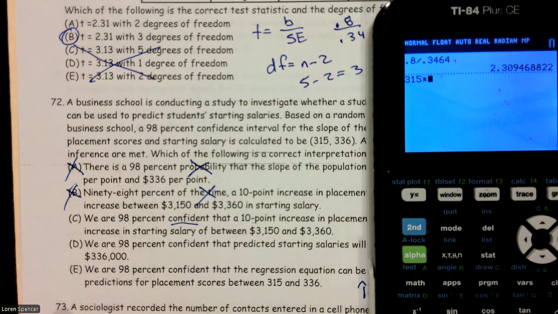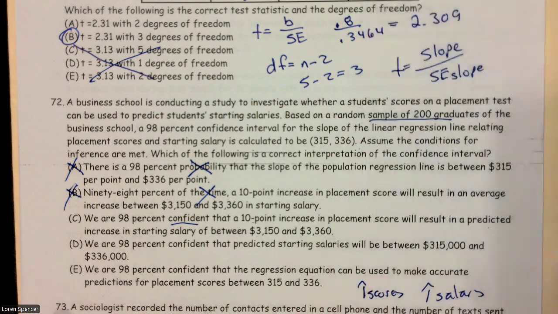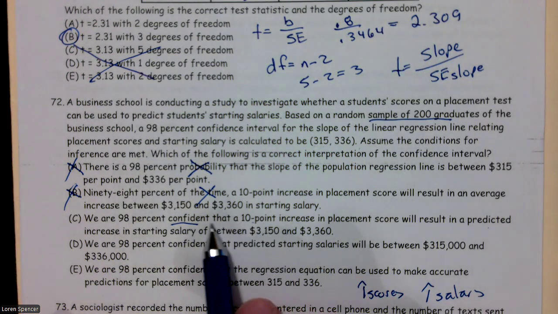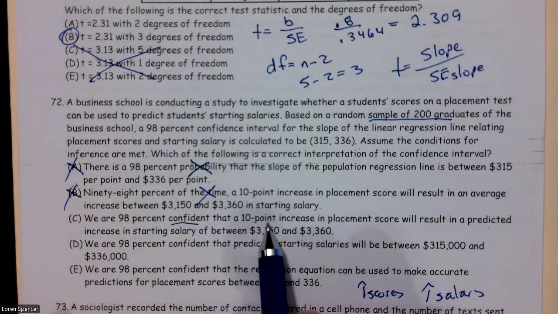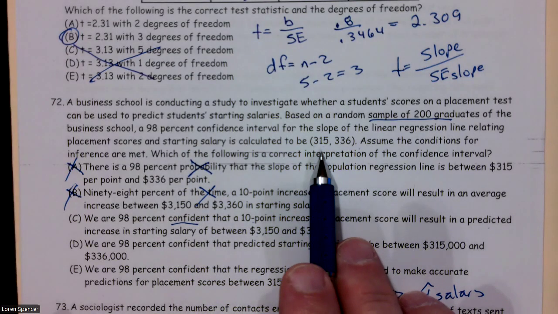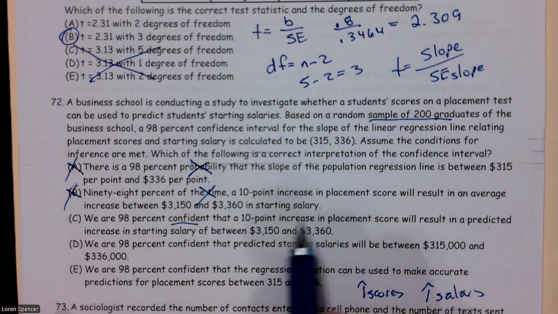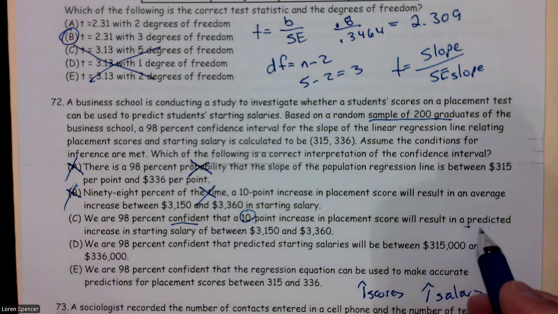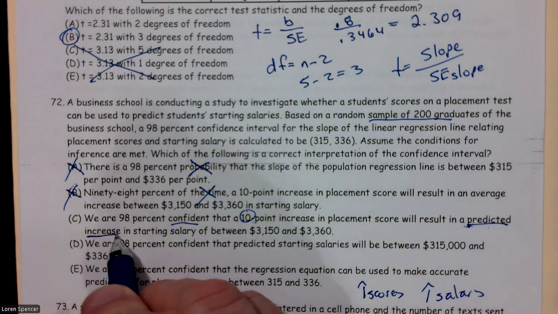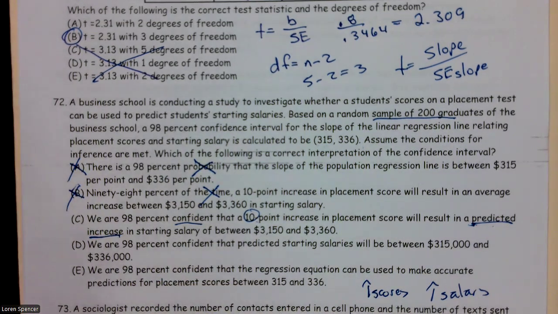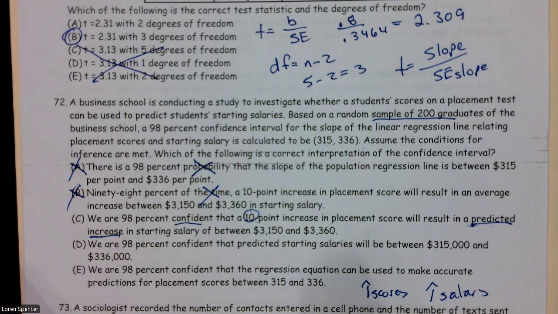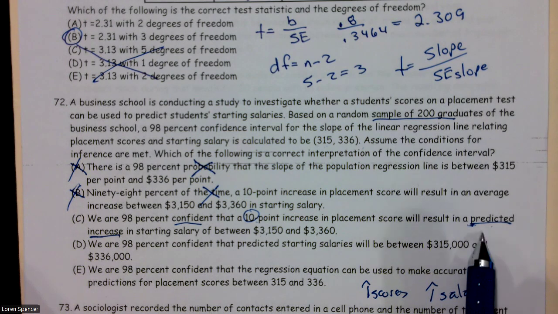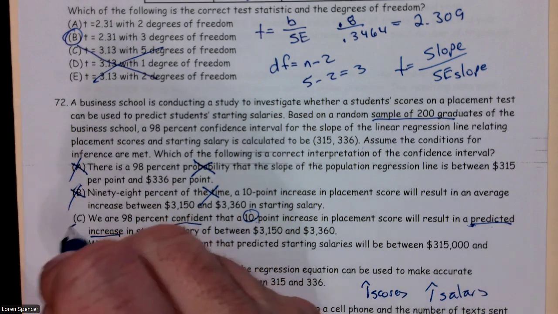So we multiplied the 315 times 10 and the 336 times 10, because a 10-point increase will result in a predicted increase. That's what we're predicting; we don't know that that's going to happen. I like that word, predicting. This is a good possibility.